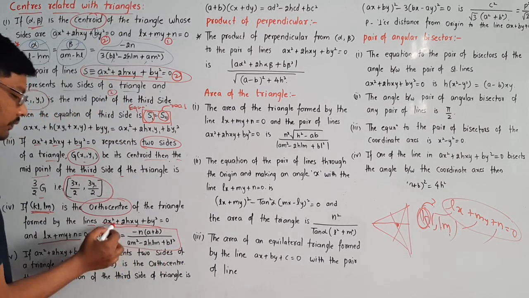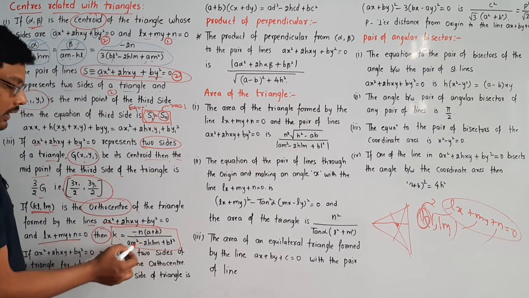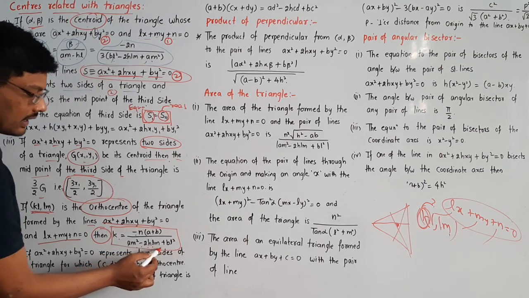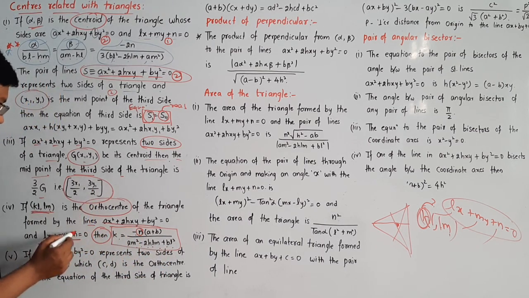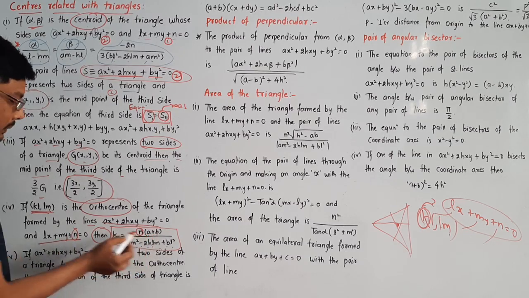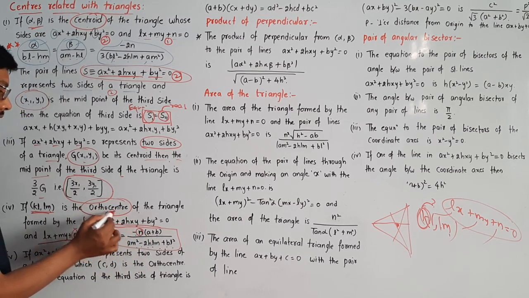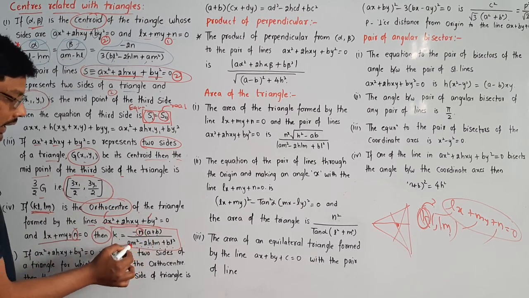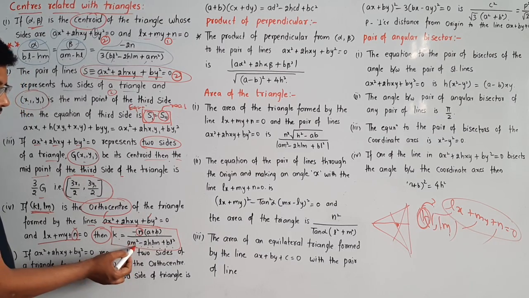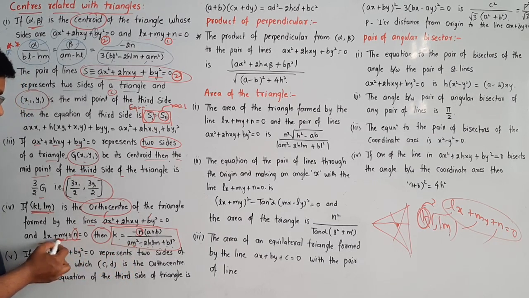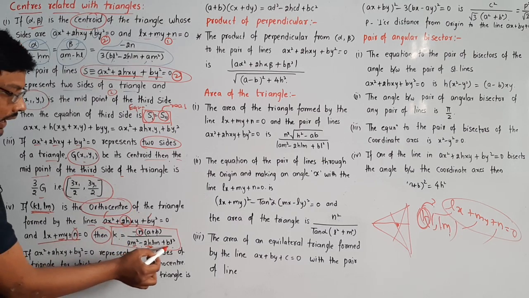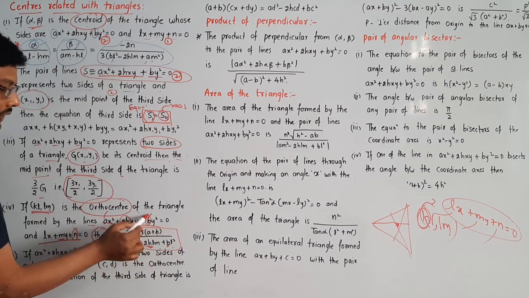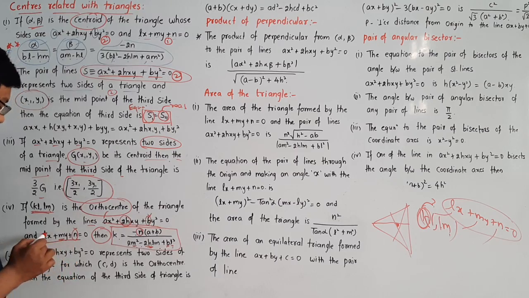k is equal to minus n into (a plus b) divided by (am square minus 2hlm plus bl square), where n is the constant of this line, and a plus b is the sum of the coefficients of x square and y square. a is the coefficient of x square, 2h is the coefficient of xy, b is the coefficient of y square.